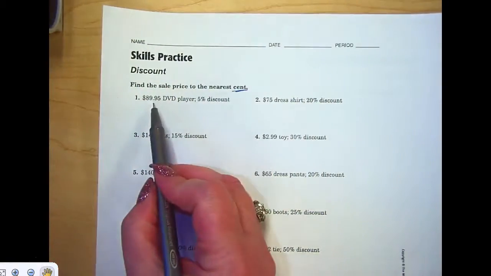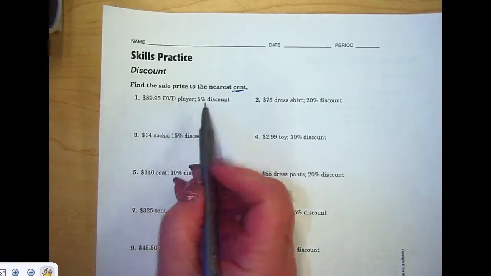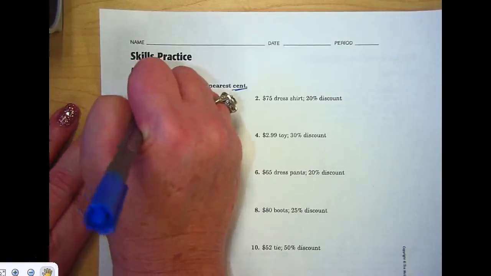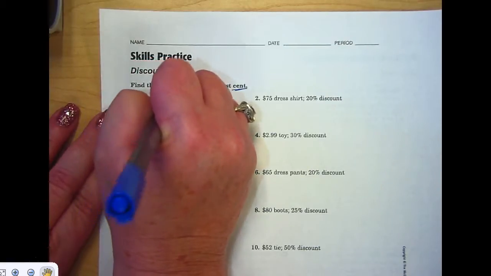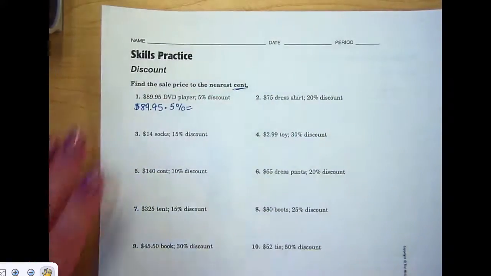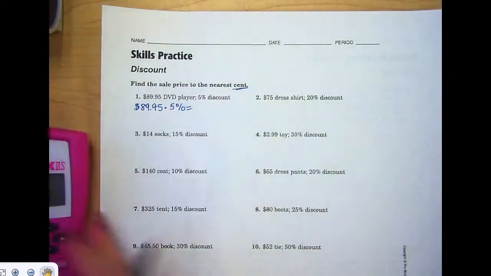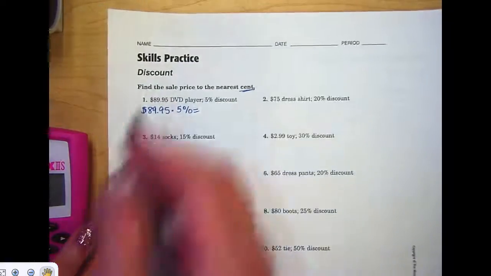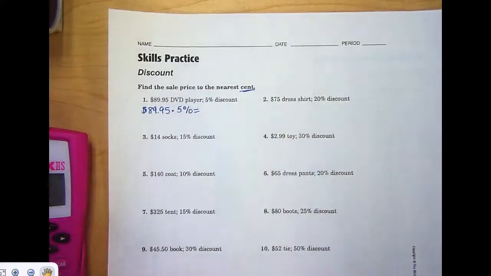You have a DVD player that's $89.95 and you're going to get a 5% discount. So $89.95 times 5%. And yes, you do have to write out what you're putting in your calculator. Just a couple years ago, people would have had to actually do the math, like $89.95 times 0.05.